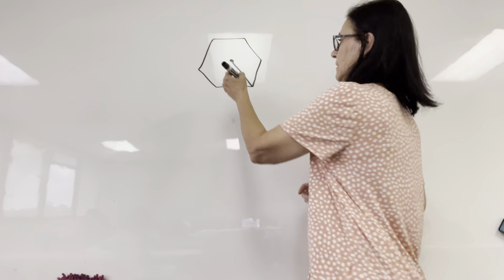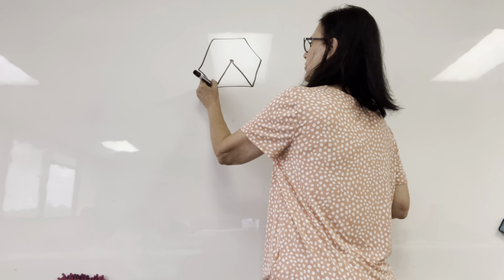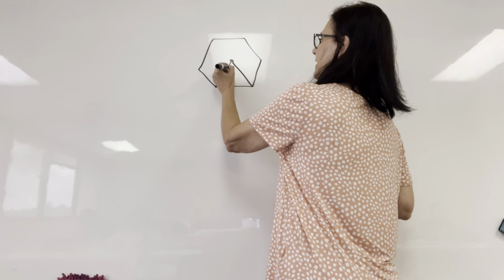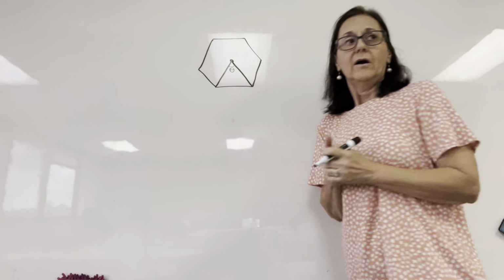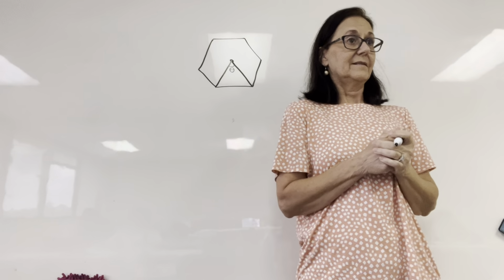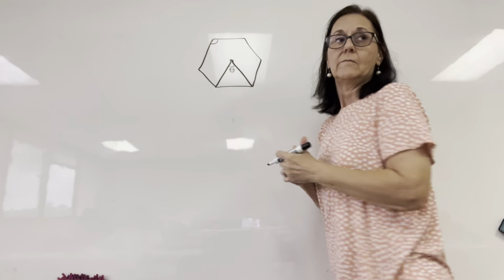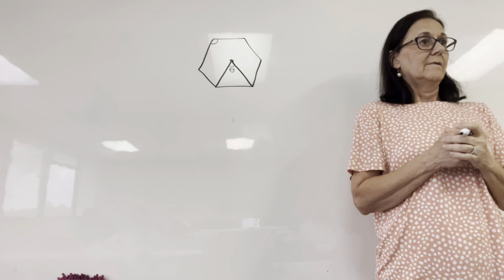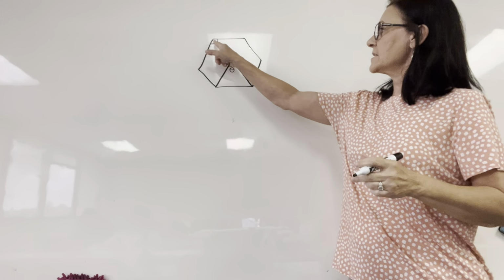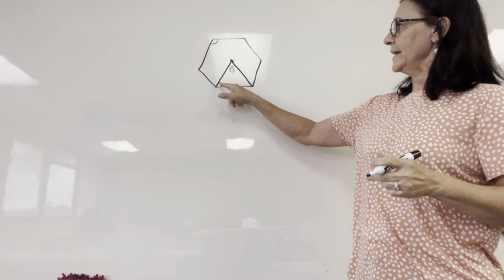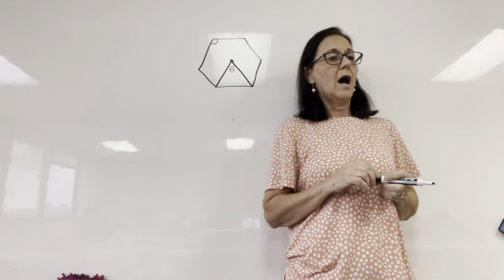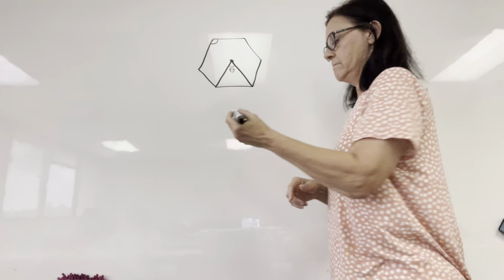All right. So now with 2 radii, that would give me that angle, right? But we've been talking about this angle. So what would be the sum of these interior angles of a hexagon?